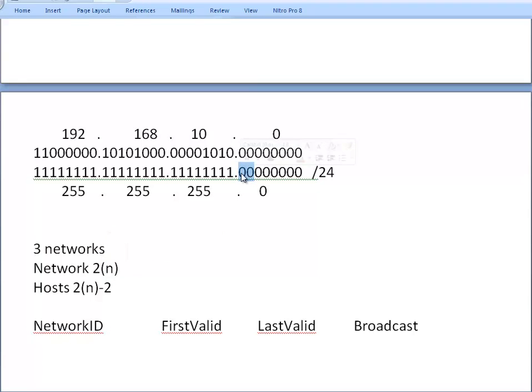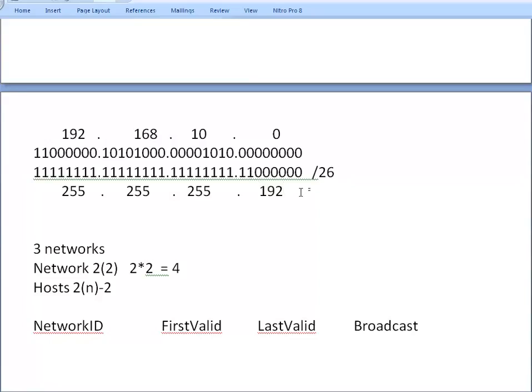If I borrow 2 bits, the formula will become 2 to the power 2, or in other words, 2 times 2 equals 4. So that's good. We get 4 networks, but 3 we need, 1 may be spare. So the prefix length will be /26. The subnet mask will be 128 plus 64, 192.